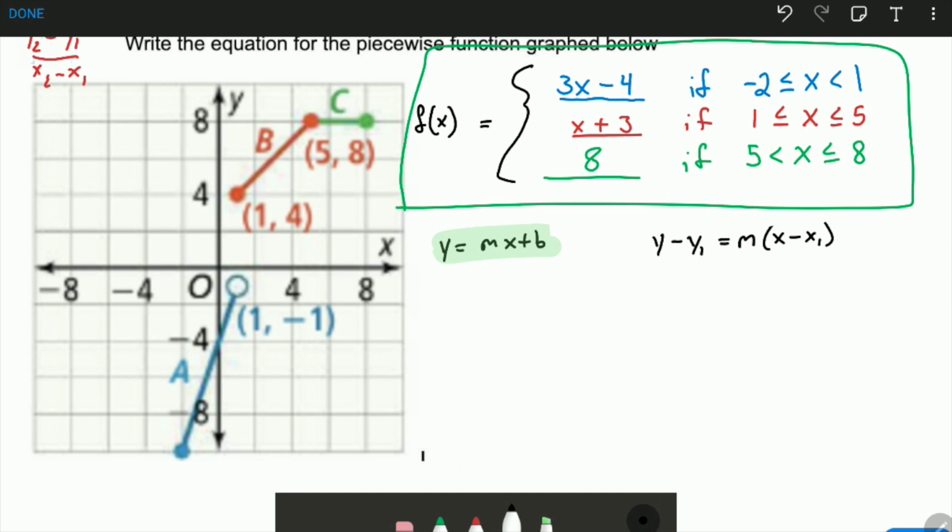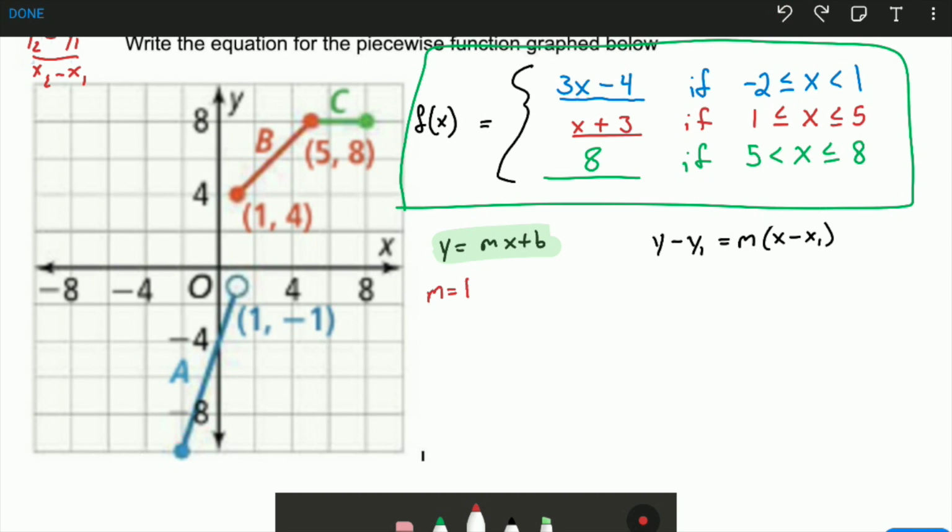We could have done rise over run. We could have done y2 minus y1 over x2 minus x1. But we already found slope earlier. We found that slope was 1. Just doing rise over run came out to be going up 4 and over 4. Okay, so slope found. We're just going to stick with it.